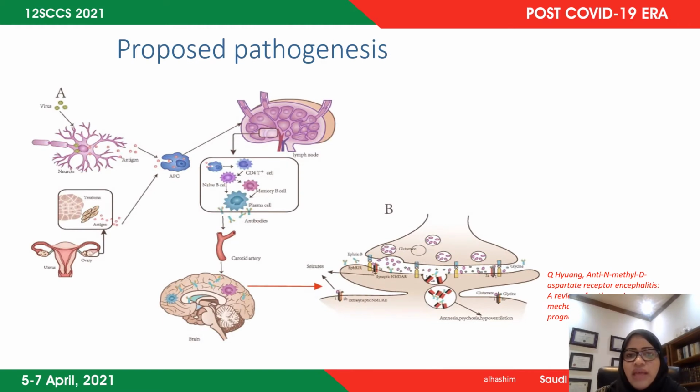So in this cartoon here, this is one of the recently described proposed pathogeneses for anti-NMDA encephalitis. As you can see here, the antigen and the antibodies are secreted by affected neurons that are either infected with a virus or any environmental trigger.